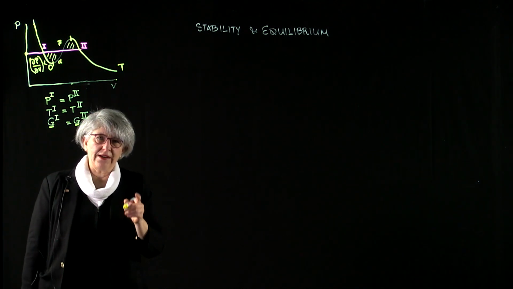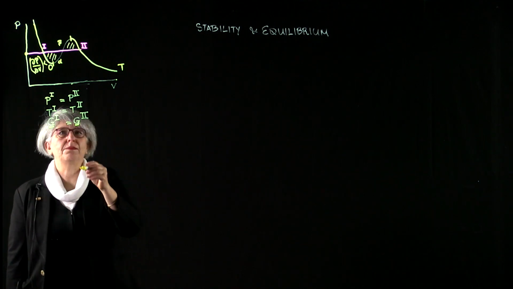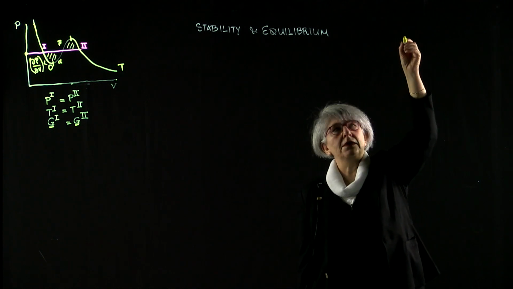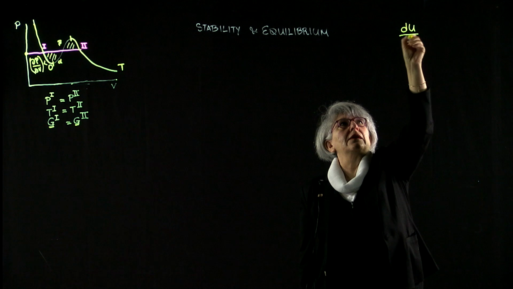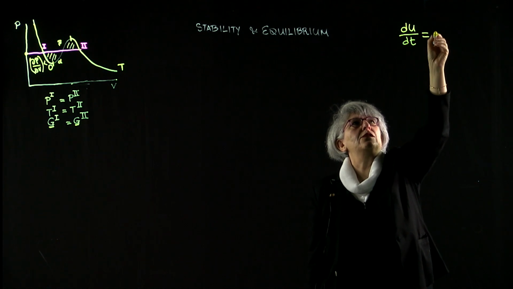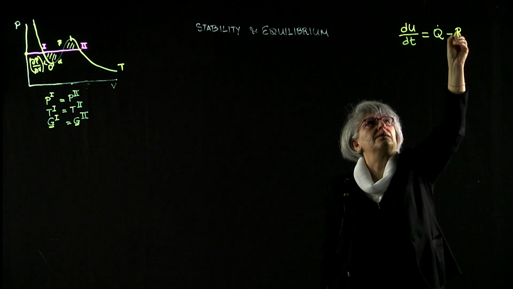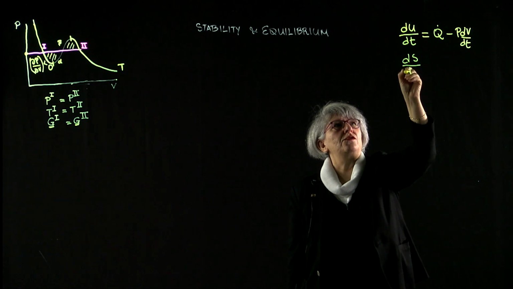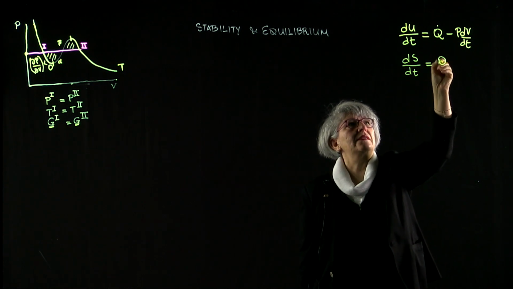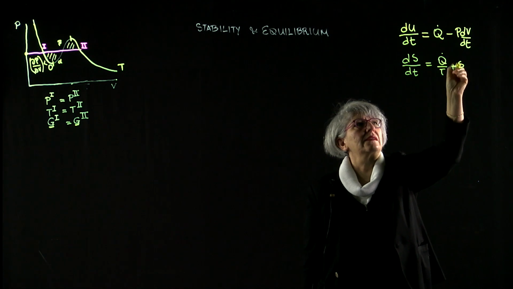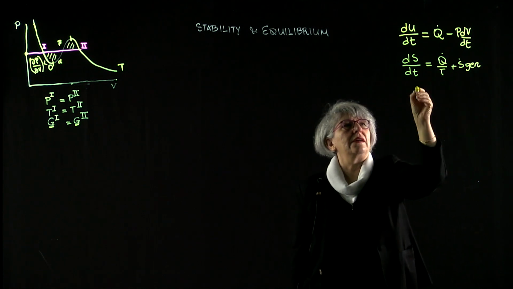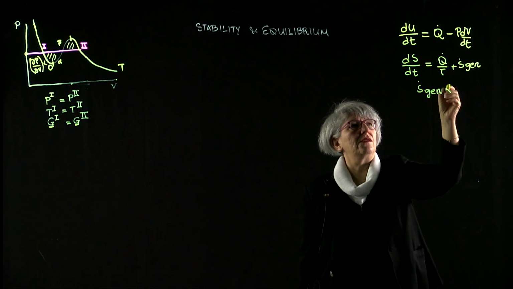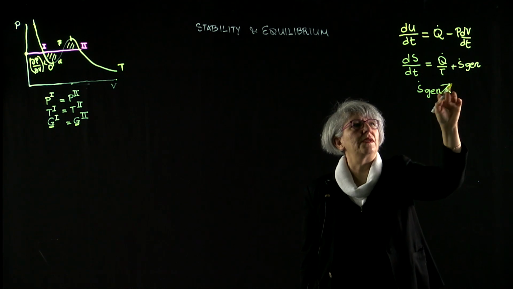We have arrived at this point by starting from a closed system first and second law analysis. First we wrote the energy balance, then the entropy balance, and also we invoked the second law relative to the entropy generation.